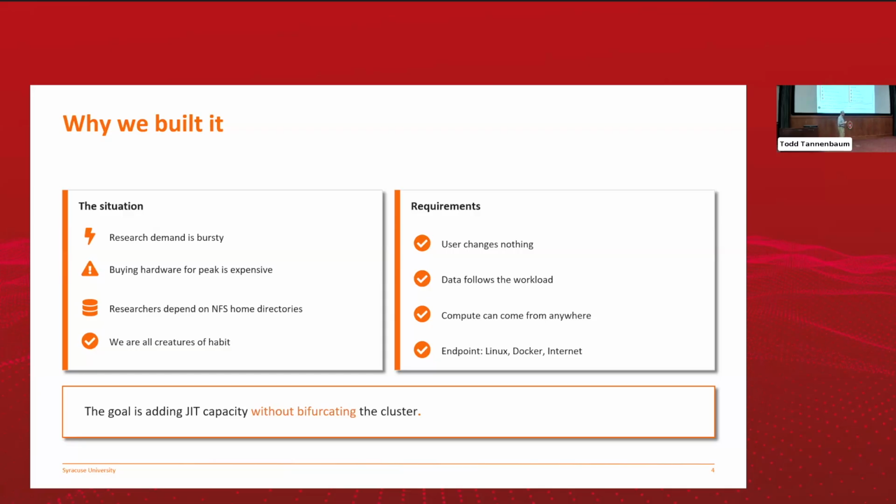I want to make sure that researchers can continue to use their home directory, their POSIX home directory, in the same way that they've always had, because I don't want to retrain. I can build something a little bit more complicated on the back end on my time, but I've got to train them on their time. And then we are all creatures of habit.